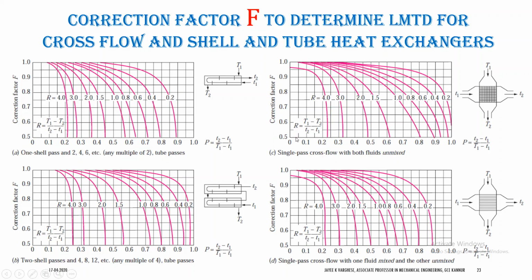There will be 4 charts available. The first one is for a shell and tube heat exchanger, 1 shell pass and 2, 4, 6 etc. multiples of tube passes.